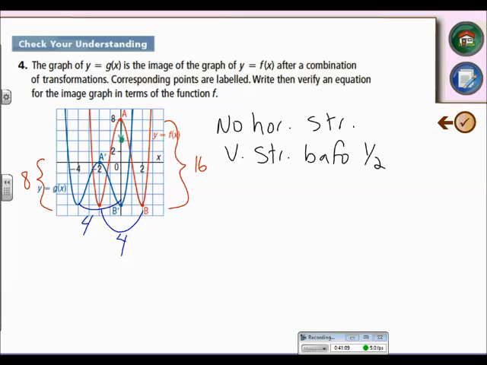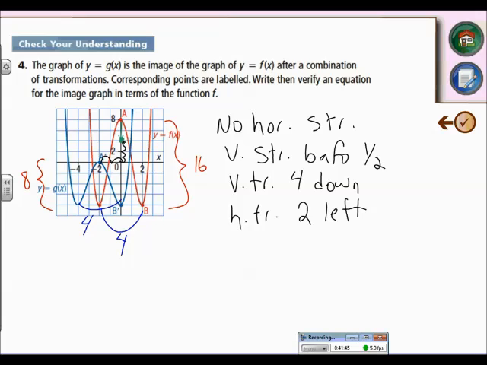Now I've got to get it from that point to where A prime is. That's our translation. I've got to go 4 down, 1, 2, 3, 4, and I've got to go to the left 2, 1, 2. So that means we've got a vertical translation of 4 down, and a horizontal translation of 2 left. You can go through and test the other points.